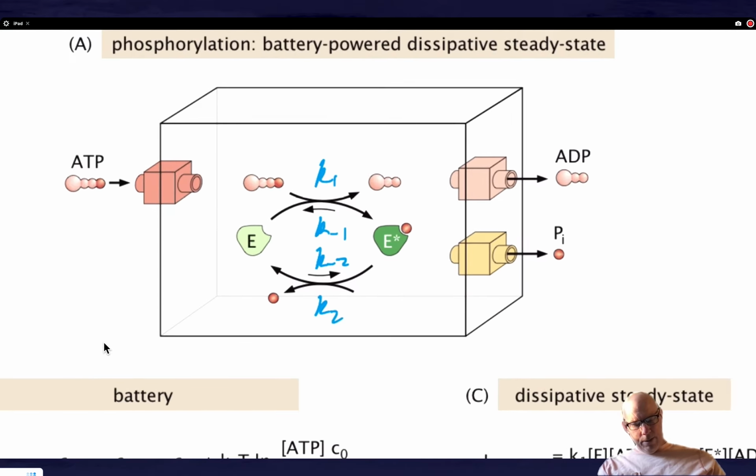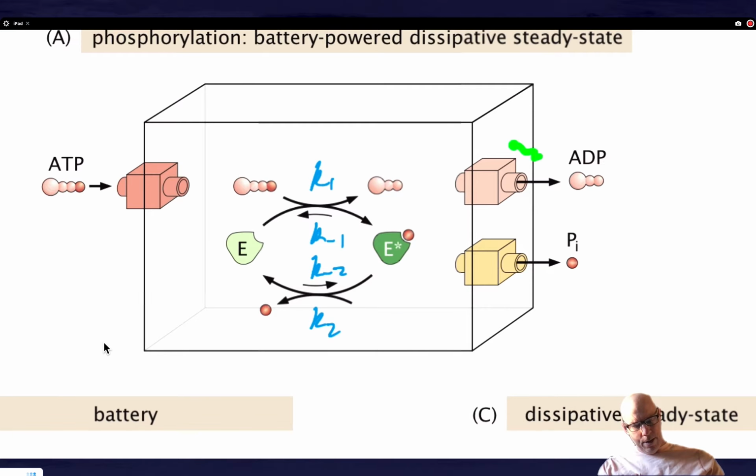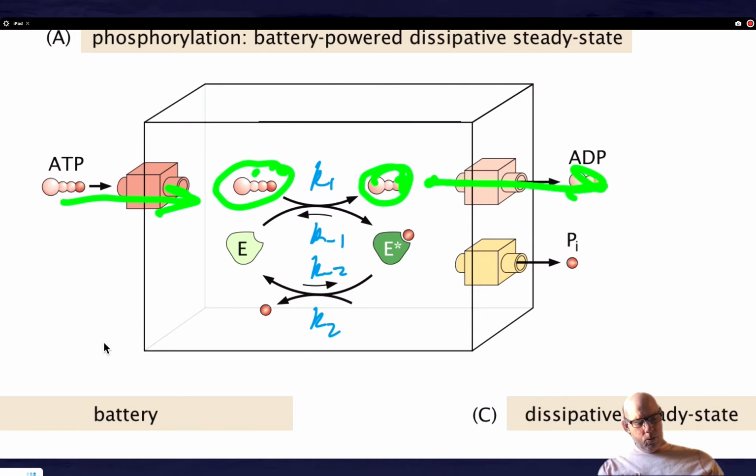Now, the significance of the pumps that I show you on the perimeter, the edges of the box, is that we're going to maintain ATP, ADP, and phosphate in a non-equilibrium steady state. Every time an ATP gets consumed, a new one will be pumped in. Every time an ADP is produced, one will be pumped out.